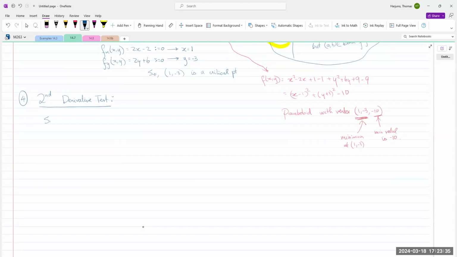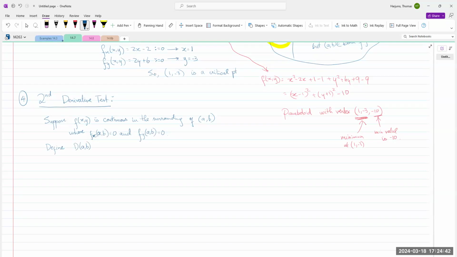Suppose the function f(x, y) is continuous in the surrounding of (a, b), where the derivatives with respect to x and y at (a, b) equal 0, and therefore (a, b) is a critical point, right? Now, we create a new function, D(a, b).